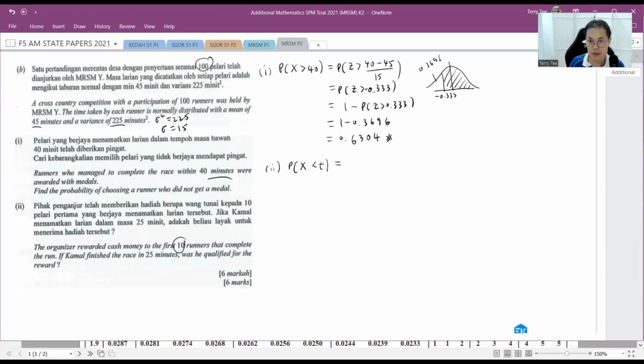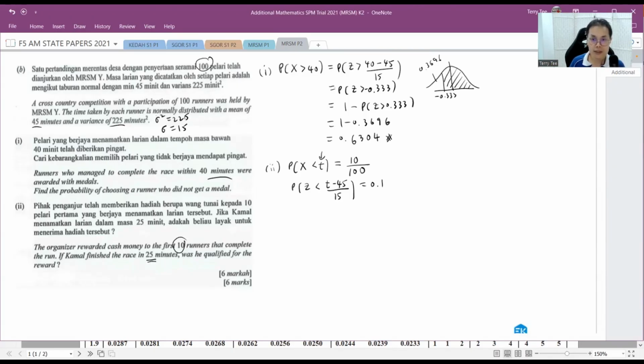So this is first 10 over 100, that means it's 0.1, or 10% chance that he will qualify. But we want to compare his time here with the t value that he will get. So what we can do is standardize it. This will be t minus mean, which is 45, over standard deviation 15. This is 0.1.